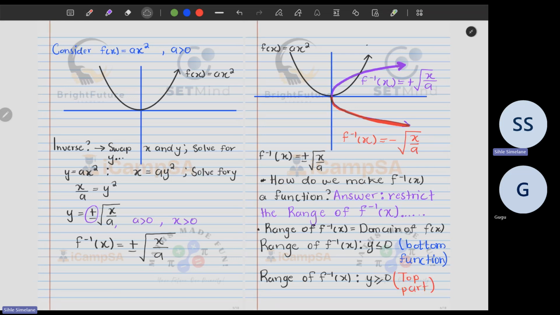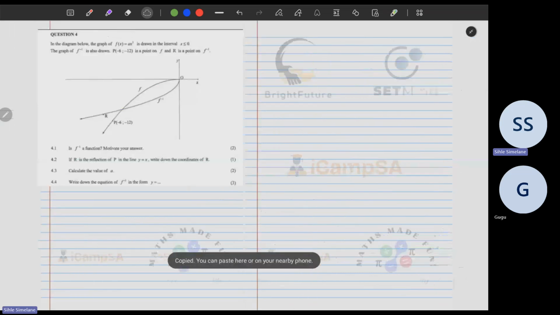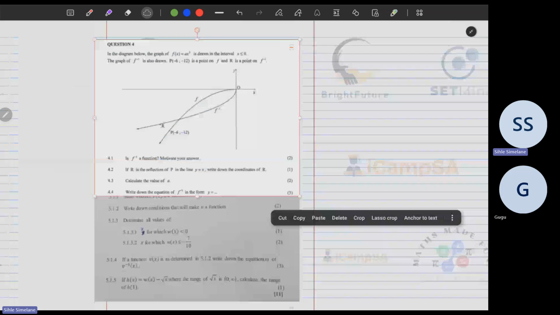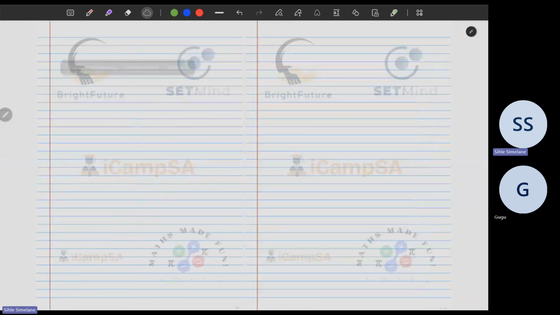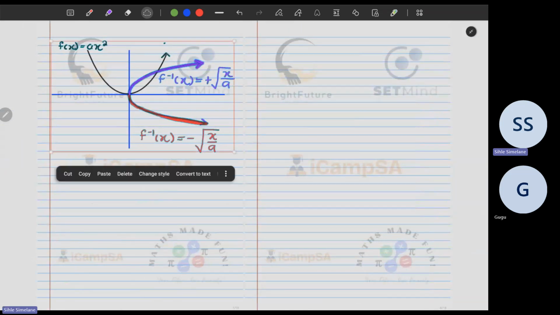So if I can go to the next page, if you look carefully, we can restrict it in two ways, which we have spoken about. So we said we have two options.